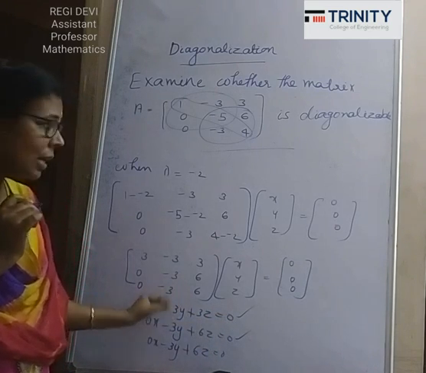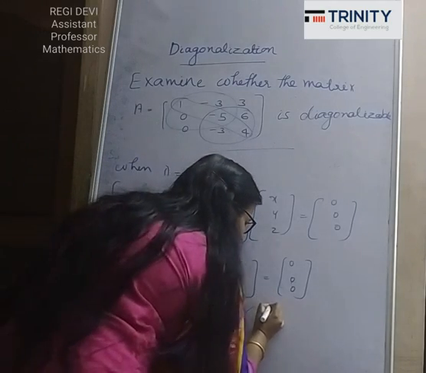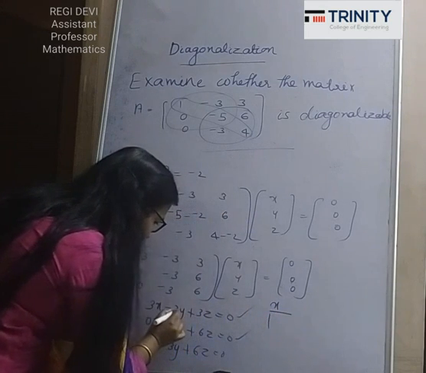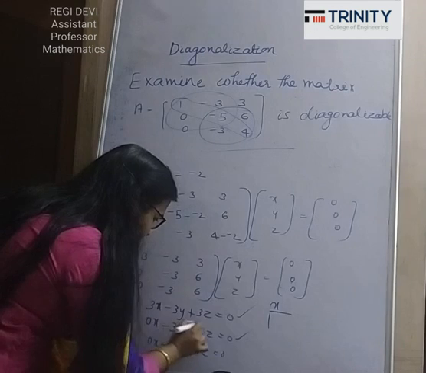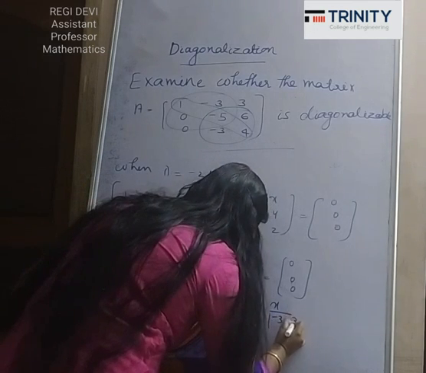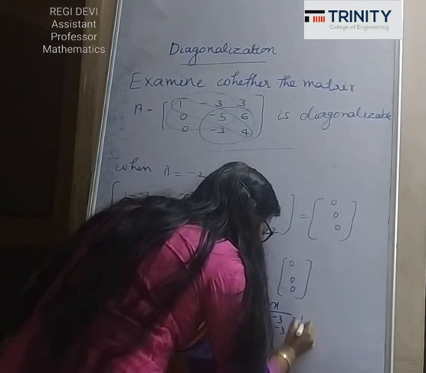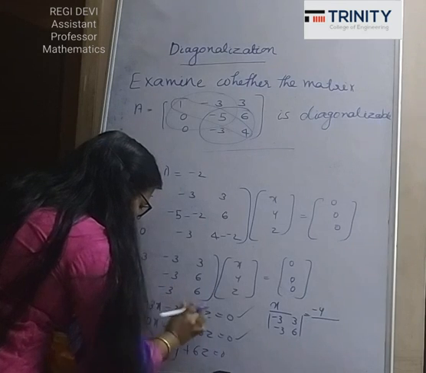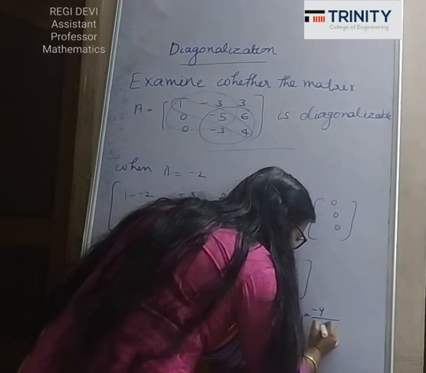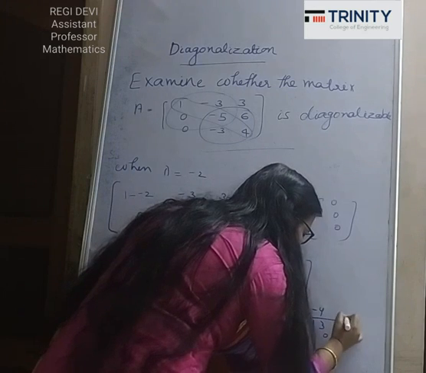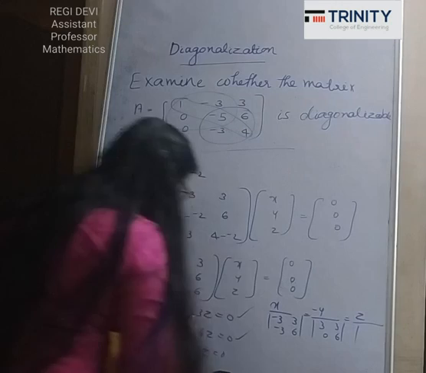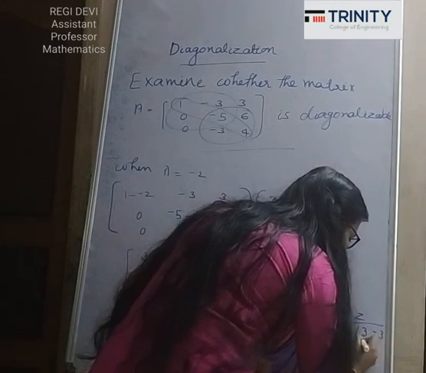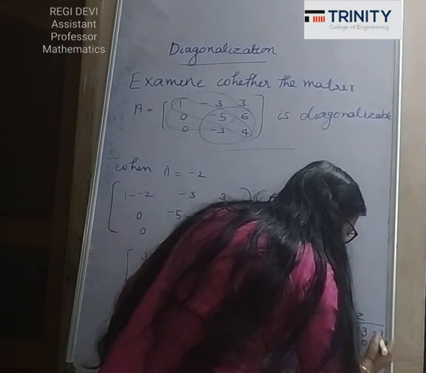Then by solving, we get x by the determinant of minus 3, 3, minus 3, 6, equal to minus y by the determinant of 3, 3, 0, 6, equal to z by the determinant of 3, minus 3, 0, minus 3.